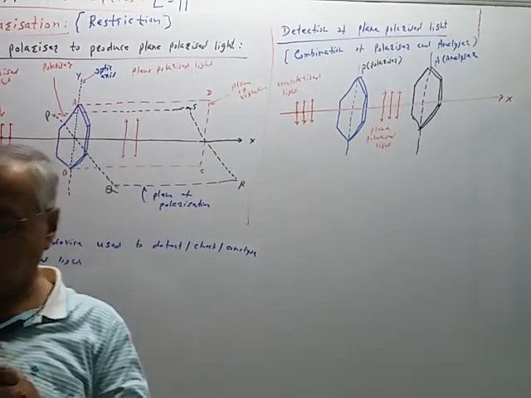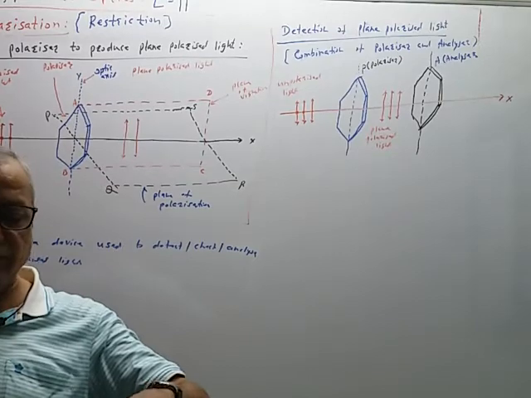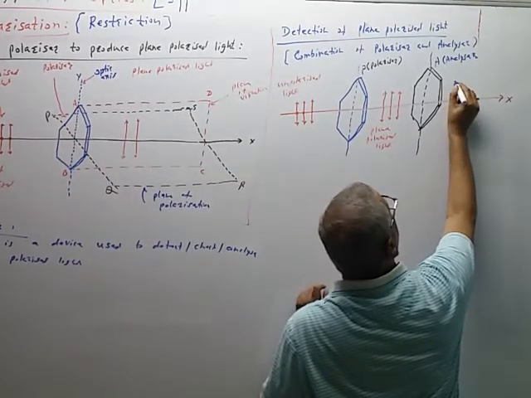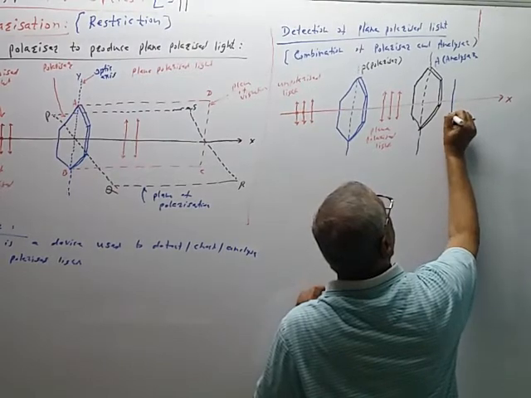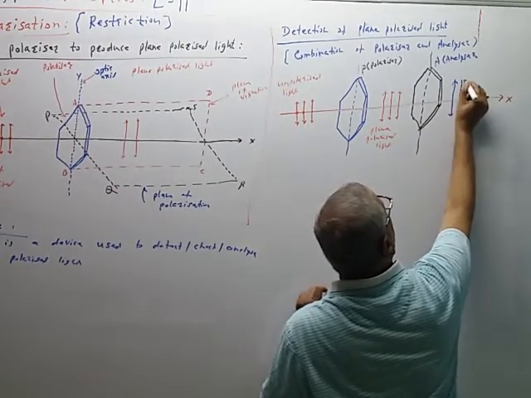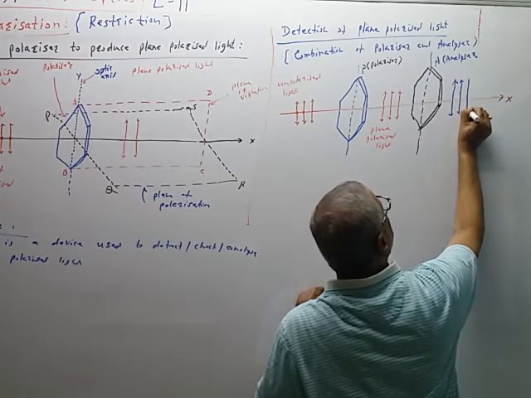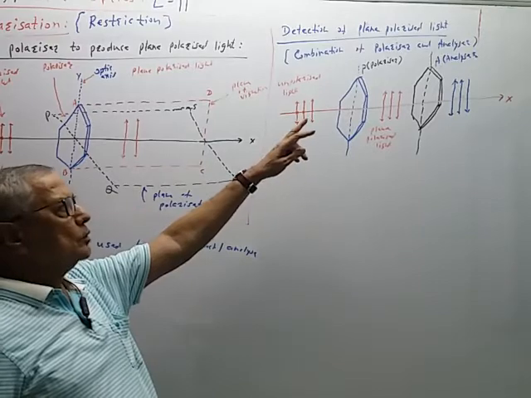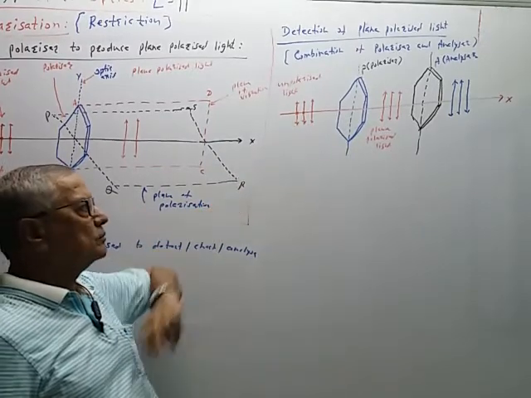So again we will get the plane polarized light. But the vibrations of plane polarized light depend upon the rotation of the axis of the analyzer.